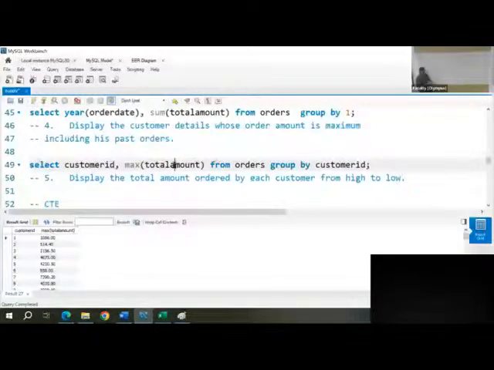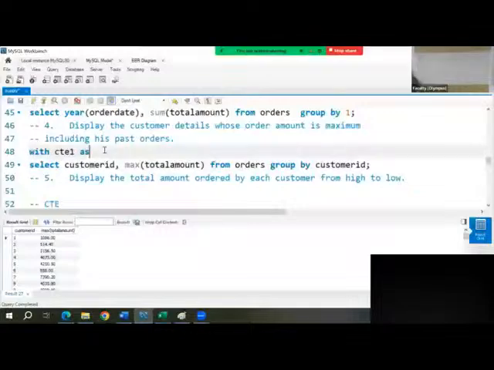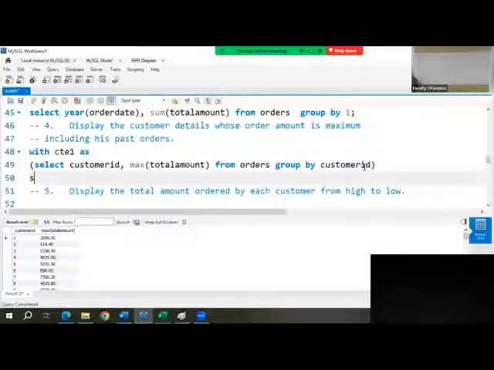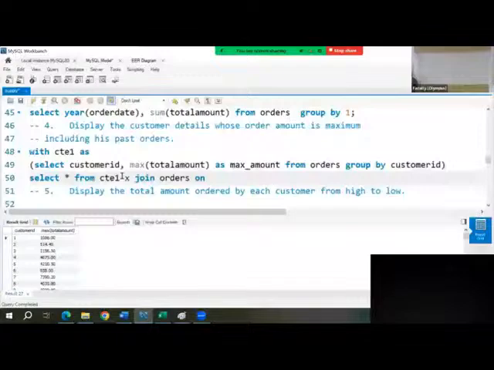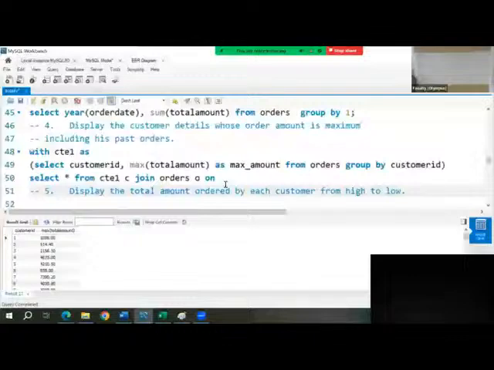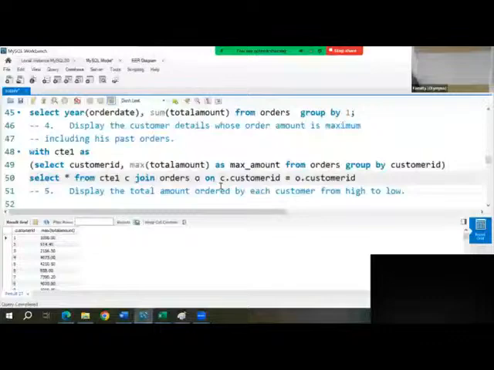Let's say, can't I just save this as a CTE? I can just save this as a CTE and then join this CTE1 with orders, let's call this orders as O, and let's join them using C dot customer ID is equal to O dot customer ID and C dot max.